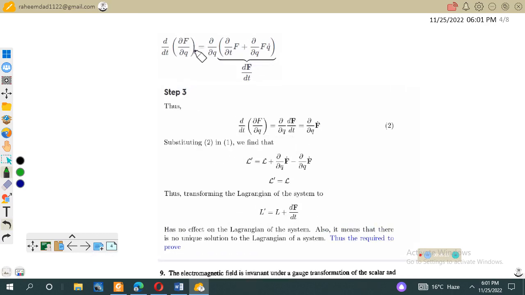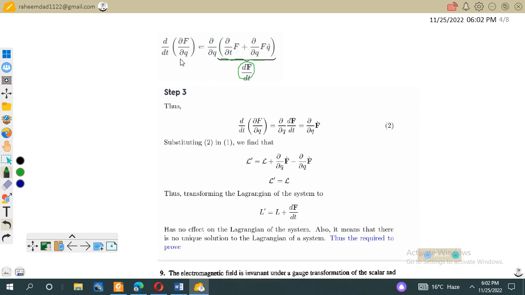Then d over dt of partial f over partial q is equal to partial over partial q of partial f over partial t plus partial f over partial q times q dot. This whole term is equal to the total derivative of f, df over dt, if f depends upon q and t.